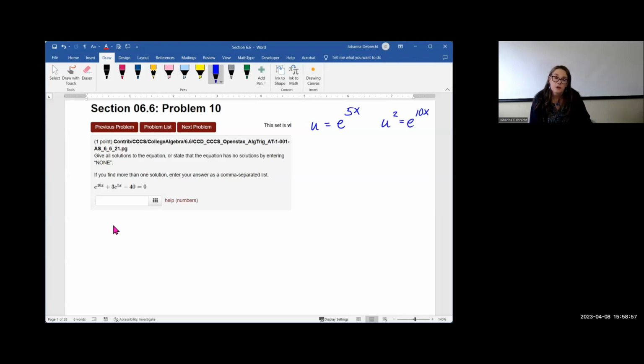Then you will be able to write it as a quadratic equation, move everything to one side with 0 on the other, factor and solve, and then check to make sure your solutions work. Go ahead and do that, and then turn the video back on to see if our answers match.